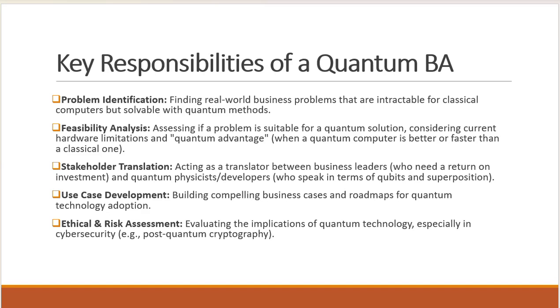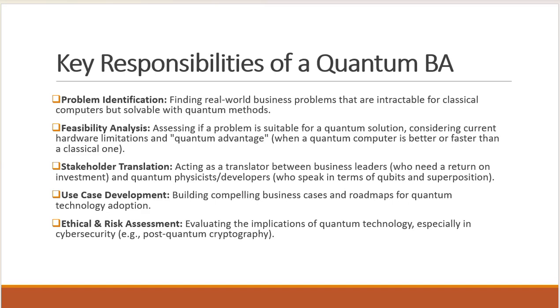And the business owners who are investing in quantum technology, what are their business requirements, and are we converting those requirements into quantum solution requirements, so that the technical team can develop them and the problems can be solved by the quantum technique? That level of understanding the business analyst should have.